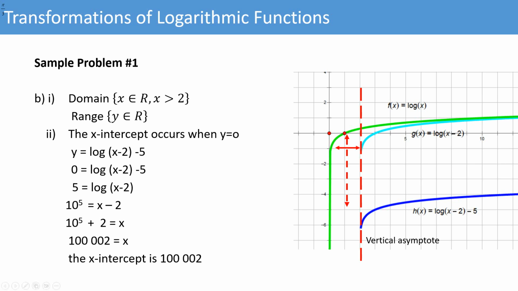Take the log out by making the base 10 and adding 5 as the exponent. So that's equal to x - 2. Move the -2 to the left to isolate x. So 10 to the exponent 5, plus 2, is x. Now that gives us that x is equal to 100,002.